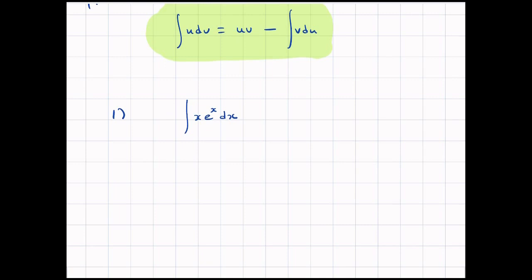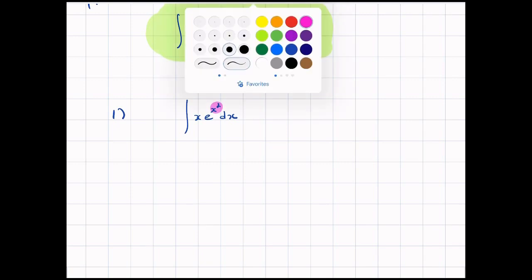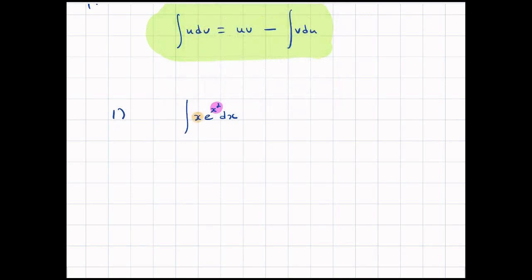The tip-off that you want to use integration by parts is usually that you can't use u substitution. If I had e to the x squared times x, then I would have a function of a function, e composed with the squaring function, and then the derivative of that function, or a scalar multiple of it.